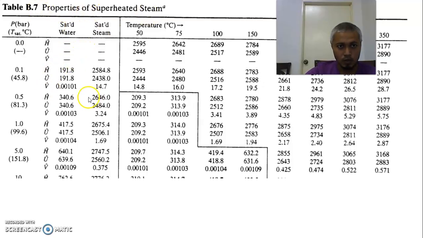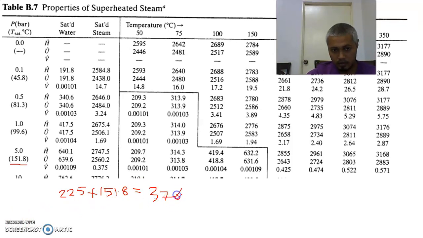We look at 5 bar and 2 to 5 degrees C. However, this is the value, which means we need to add 2 to 5 to 151.8 to get the value of the superheated temperature. If we add this, we will get 376.8 degrees C, which is beyond the value of 350 here. So just write down 376.8.